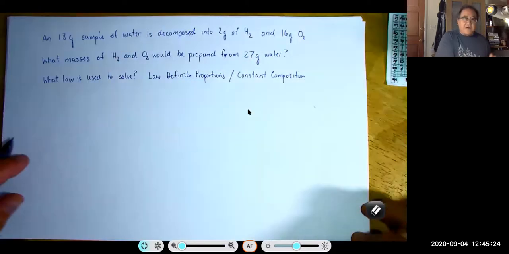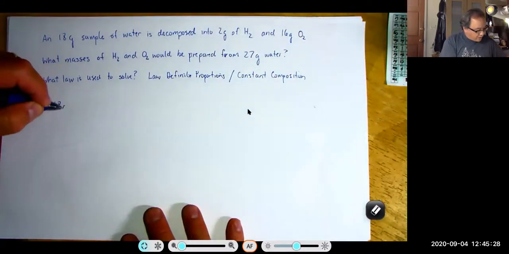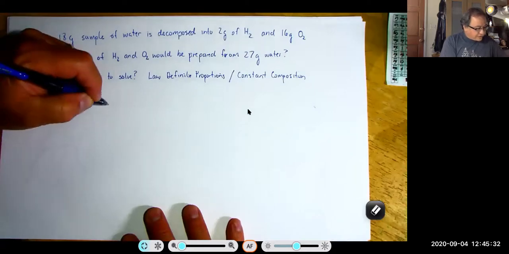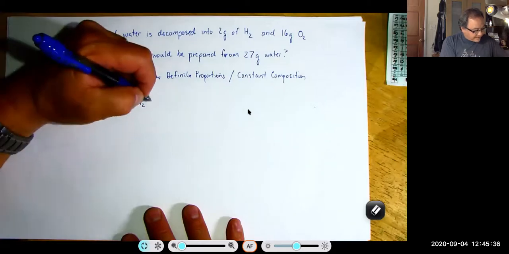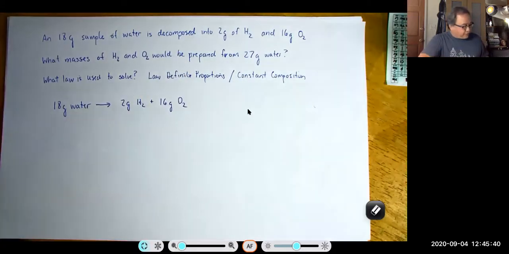Now, let me show you how to approach a problem like this. So we have 18 grams of water that can be turned into 2 grams of hydrogen and 16 grams of oxygen. So this is, if you will, sort of a chemical reaction.